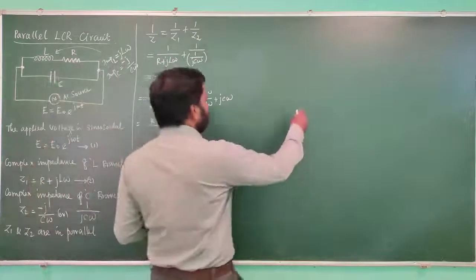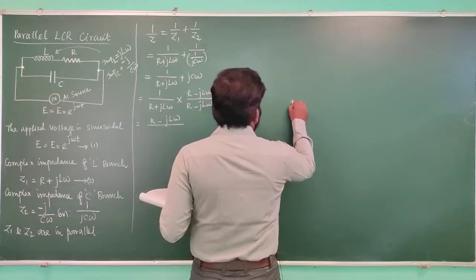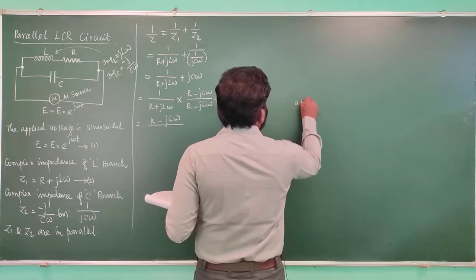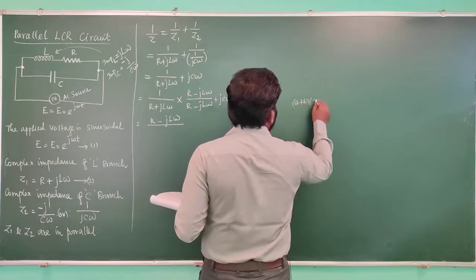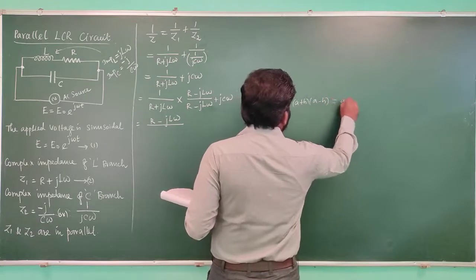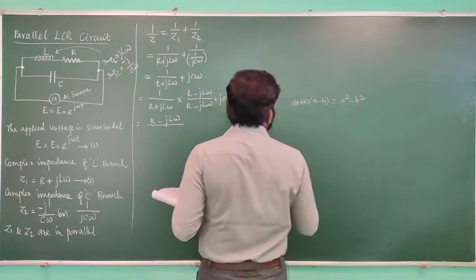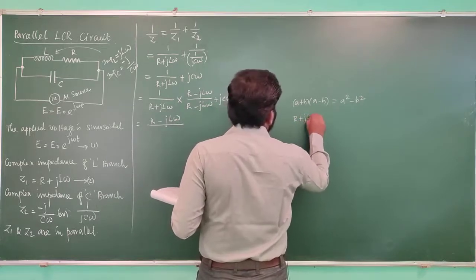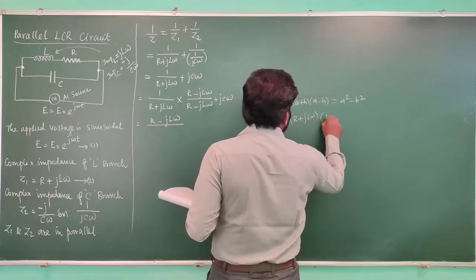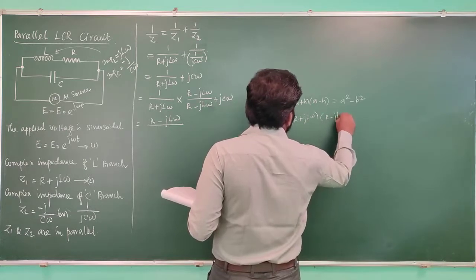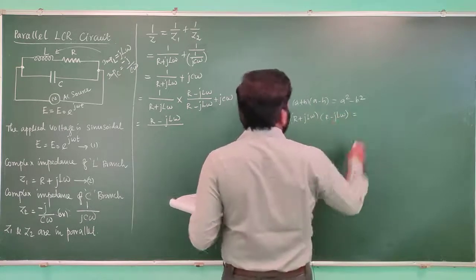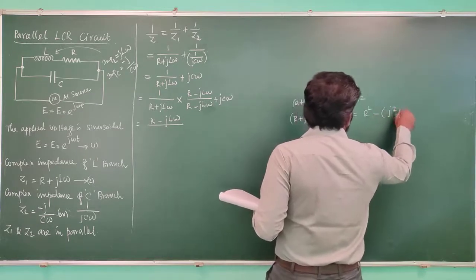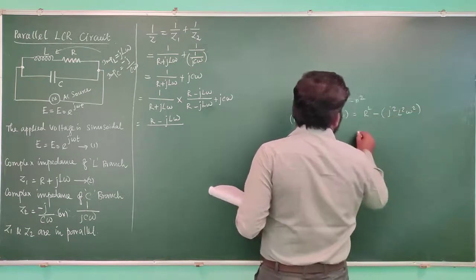Let me write it for your clarity. A plus B multiplied by A minus B is equal to A square minus B square. A plus B is R plus j L omega, multiplied by R minus j L omega, which is equal to R square minus j square L square omega square.